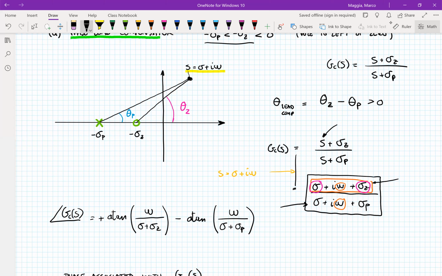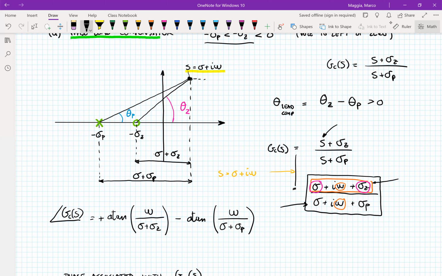You can see from the S-plane that sigma plus sigma z is really the distance on the x-axis between the 0 and the generic point S, and sigma plus sigma p is the distance on the x-axis between the generic point and the pole.